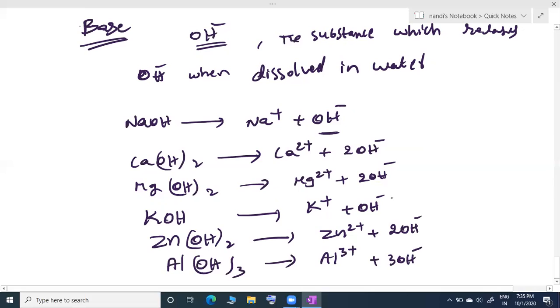So this is the way you can write all the substances dissolving in water, then they're releasing OH minus. So this we call bases.